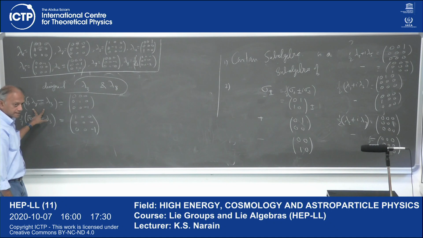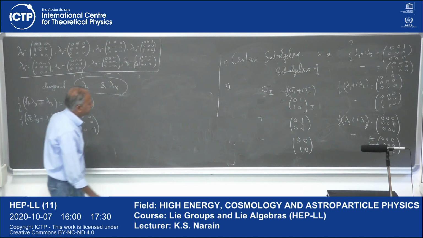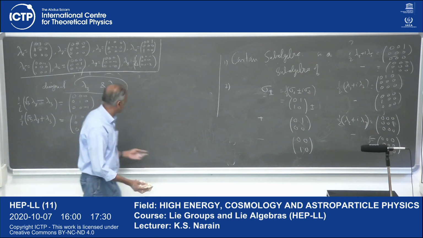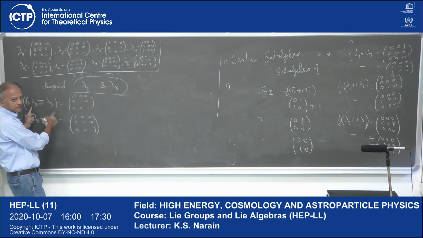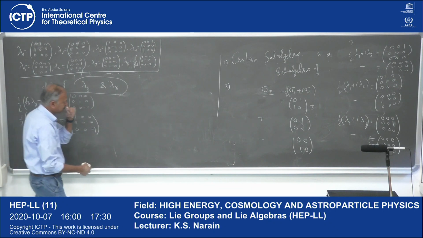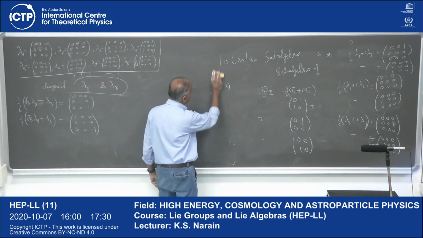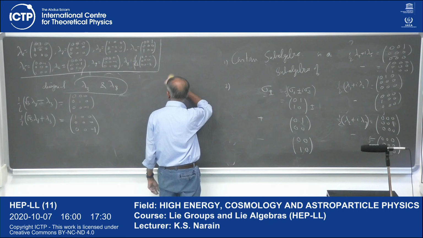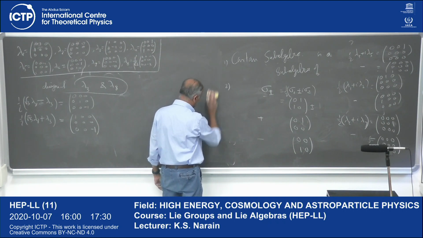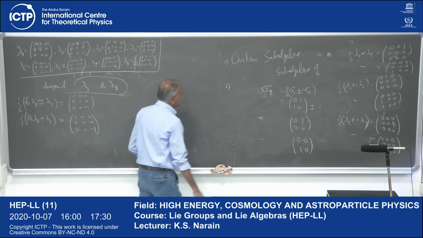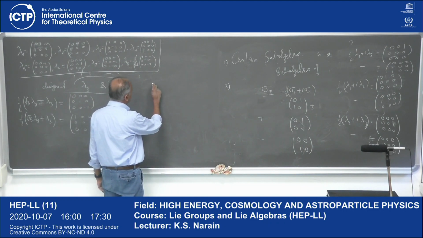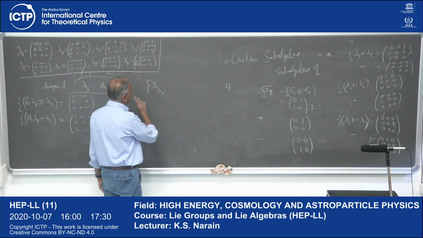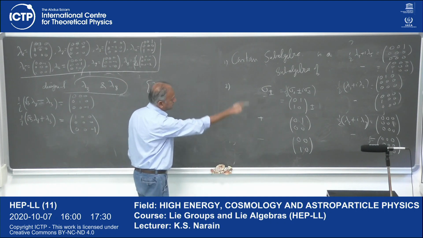It doesn't make a difference, because if I know the lambda 3 and lambda 8 eigenvalues, then of course I know the eigenvalue of this also. So you can easily go. But as I said, pictures will be much nicer with lambda 8. Okay, so what is the eigenvalue? Let's see. I want to take the commutator of lambda 3 with any one of these guys.